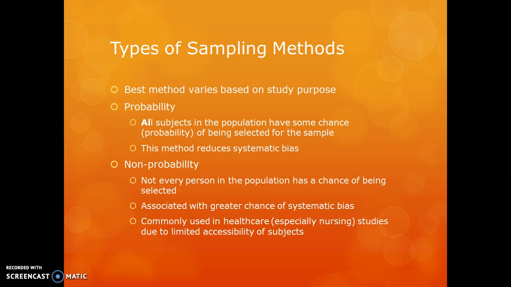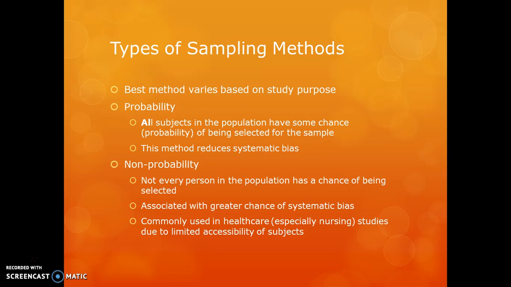So the type of sampling method, again, depends on what the purpose of your study is, depending on what the best sampling method is going to be to answer that research question, to serve the purpose of your study. Probability sampling is always touted as the best type of sampling to use because it does reduce systematic bias.